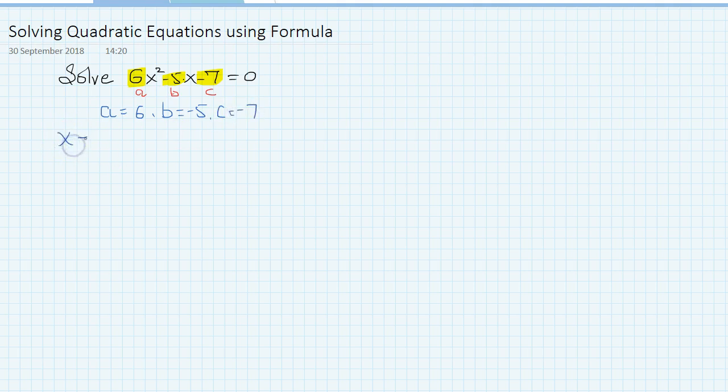Inculcate the habit to write the formula every time you solve the question. So this is minus b plus minus root b square minus 4ac over 2a.